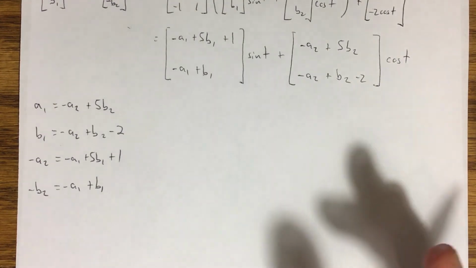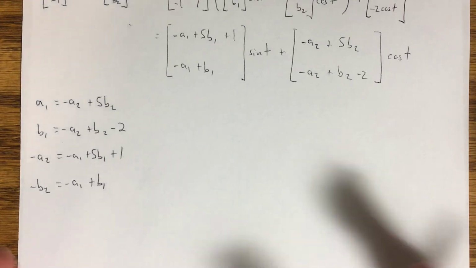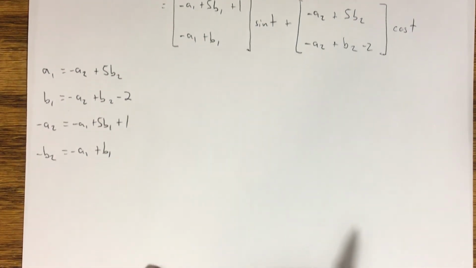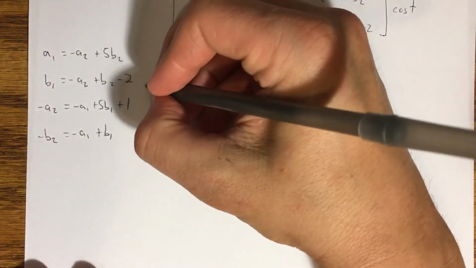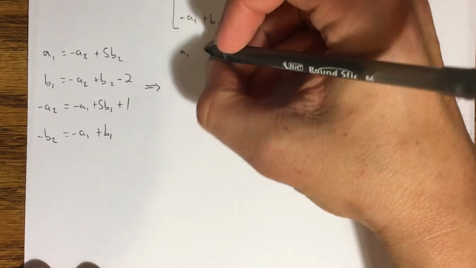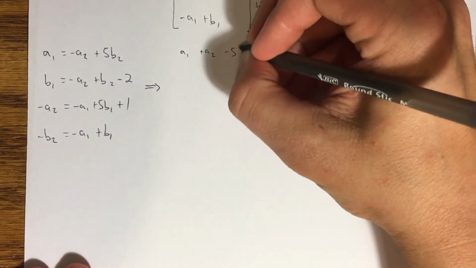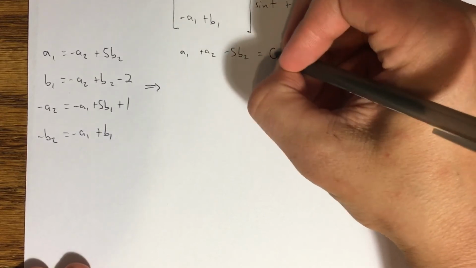So I'm going to go that route, and I'm not going to do all the steps of Gauss-Jordan elimination. I'm going to set up an augmented matrix and then jump to an answer. First of all, notice if I move all of my unknown terms to the left, I can rewrite this as A1 plus A2 minus 5B2 equals 0.